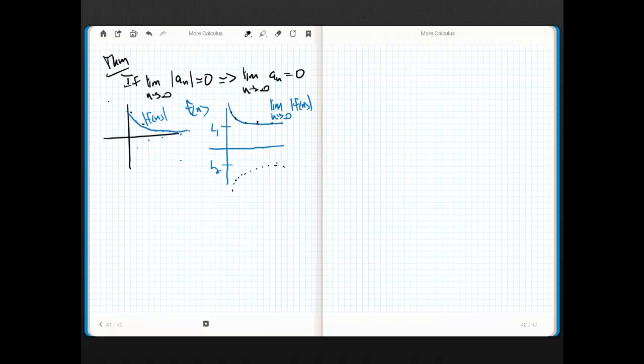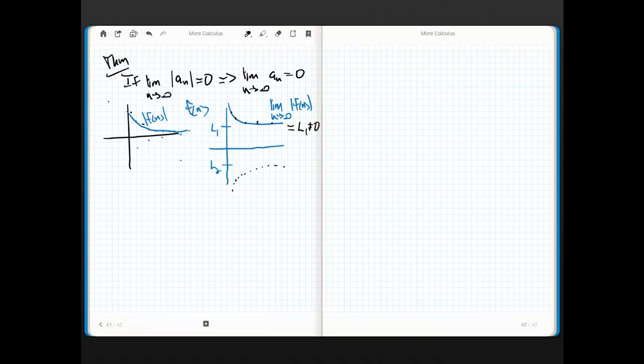So way out at infinity, we're jumping back and forth between L1, L2, L1, L2, even though the limit as n goes to infinity of the absolute value of f of n equaled L1. Notice that L1 is not equal to 0.